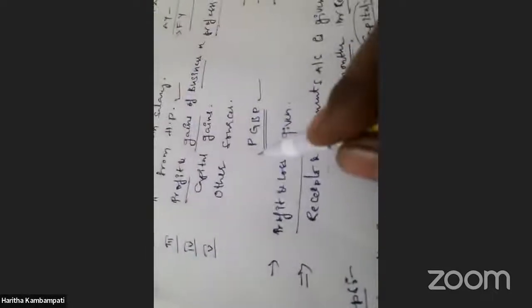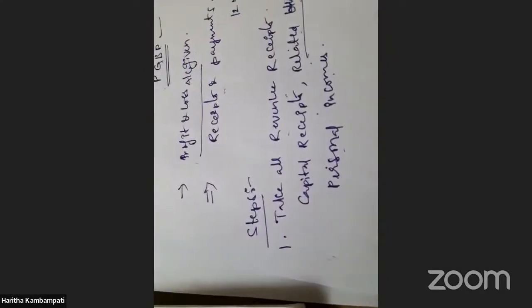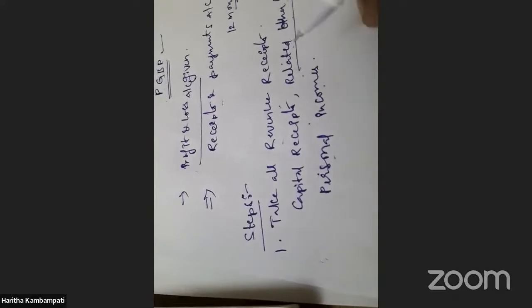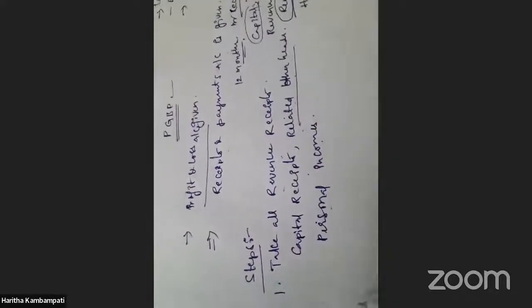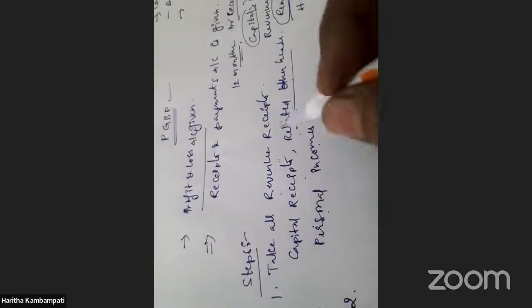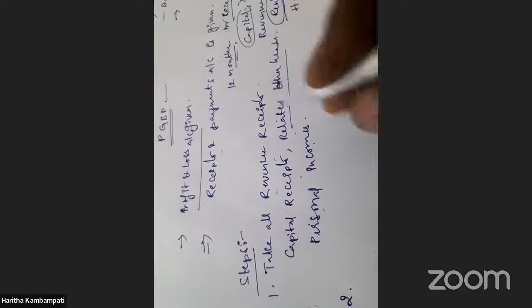But while computing the income from profits and gains of business or profession, we should take only revenue receipts. If you know the rules for calculating the income under this head, it is easy to prepare the statement. So this is the first step: we should ignore the others and take only revenue receipts.